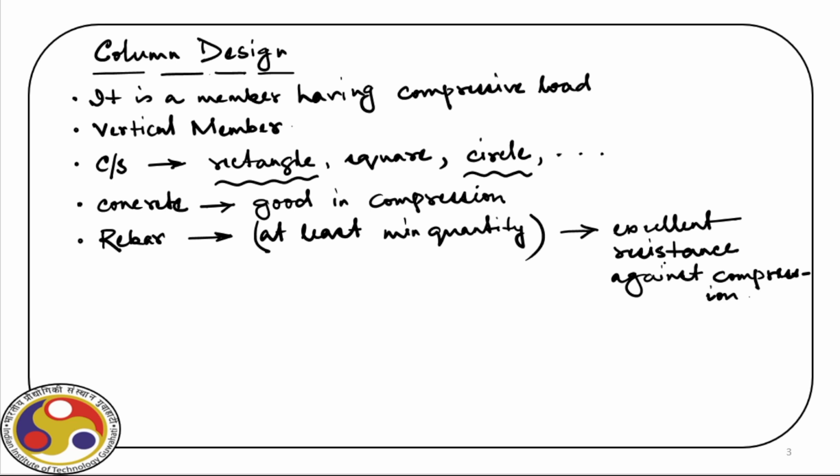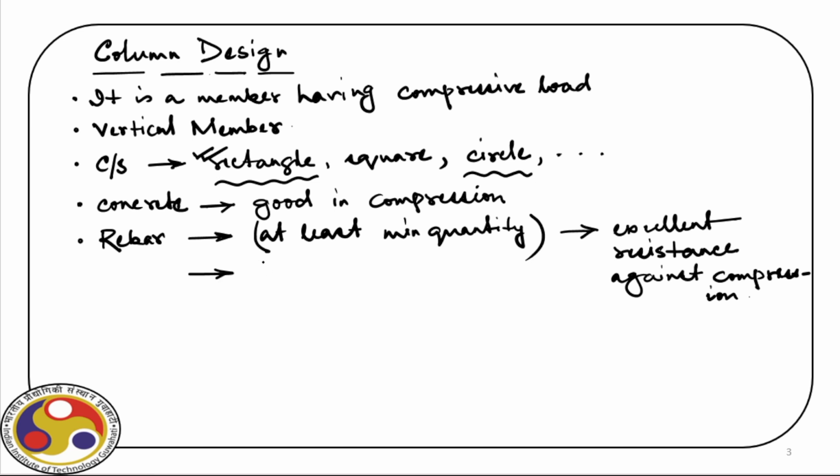Right. So, the cross section of a column, for the time being, let us consider a rectangle, and that rectangular column is made of concrete with certain grade, and it also has some rebars. Now, when we talk about rebars, as I have already mentioned, there must be a minimum quantity present for a particular cross section.